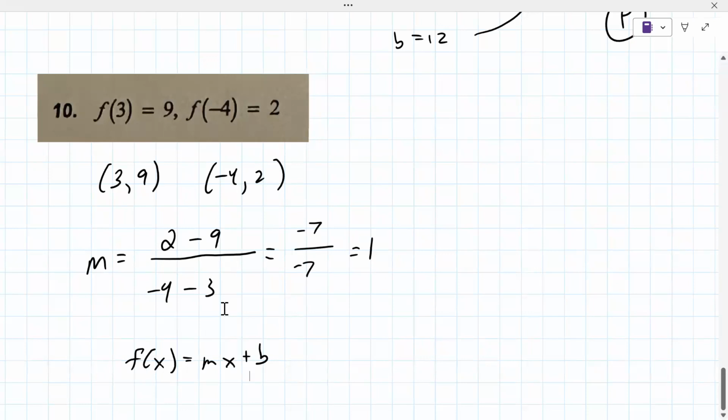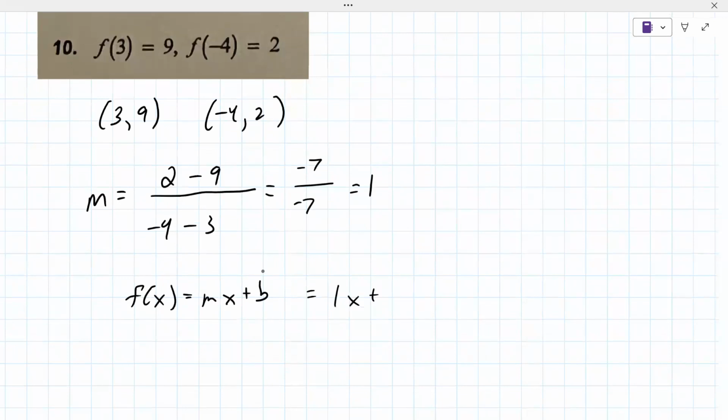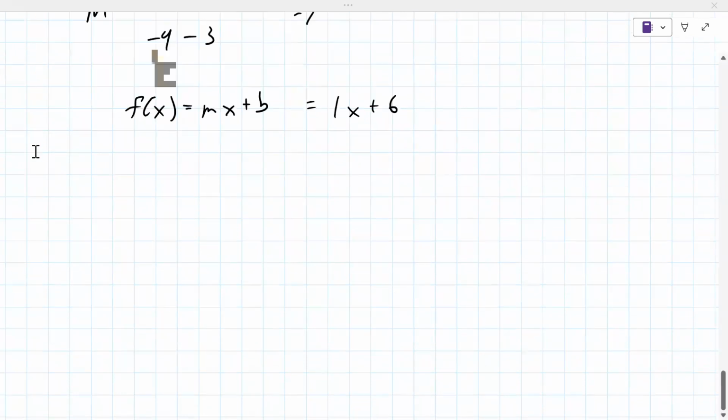So go ahead and solve that for b. The b is 6, so it ends up being 1x plus 6, which would be R. All right, so why don't you try number 11 on your own, please?